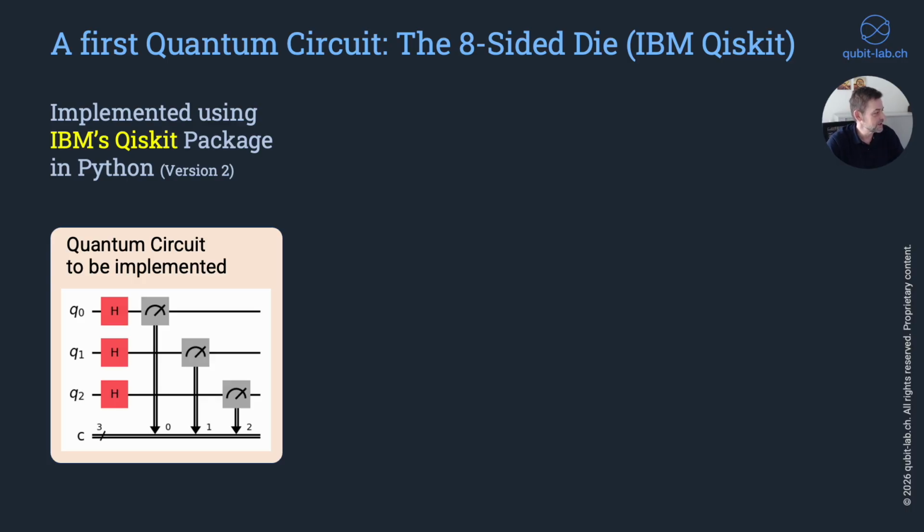Then you put every qubit into a balanced superposition, so 50% probability for measuring 0 and 1, and then you measure. Super simple. So this is our circuit, and now we can use IBM's Qiskit package, which is based on Python.